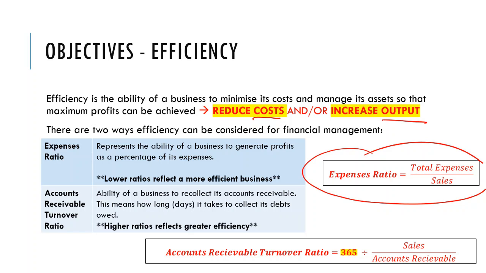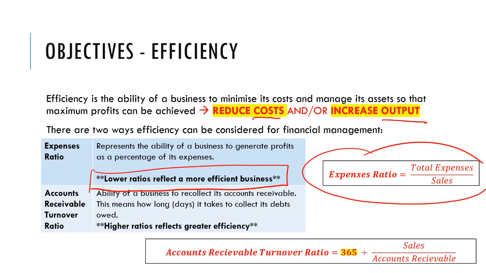So your wages might decrease, get people to work harder, you have less staff, and maintain the same amount of output. So that is our two ways we can really be efficient. In this case, a lower ratio represents a more efficient business. So that is how efficient in terms of sales.